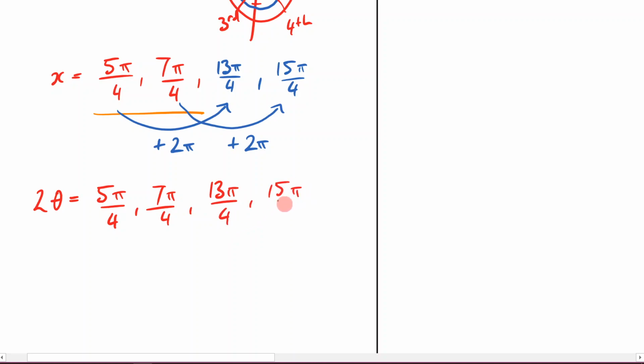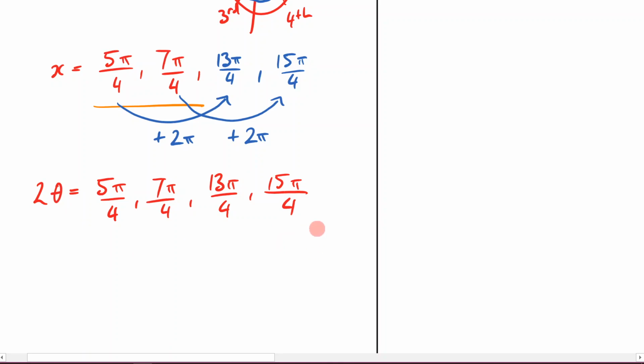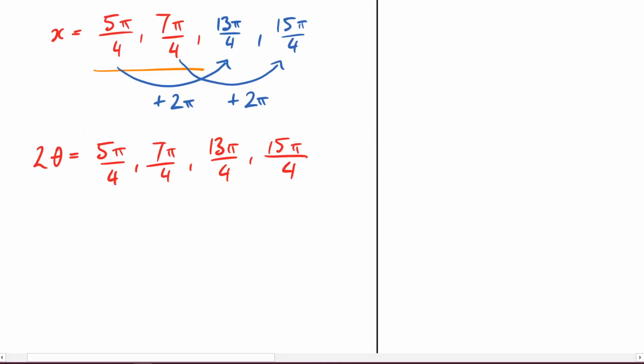So now my answer is theta is equal to, but I've got that 2 there, and I need to get rid of that coefficient of 2. To do that, I'm going to times it by a half, which means I'm going to times each of these also by a half. I have to.